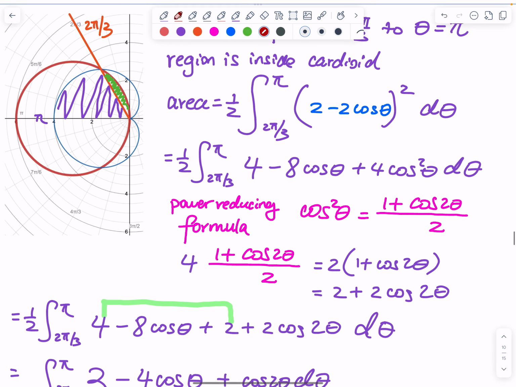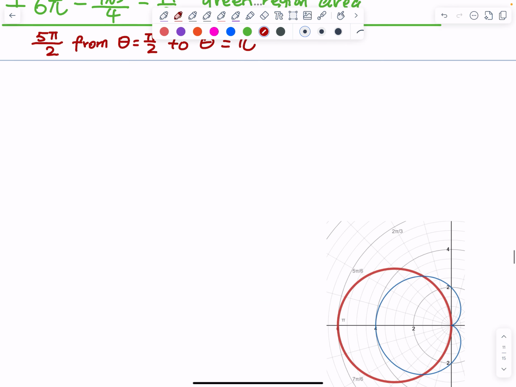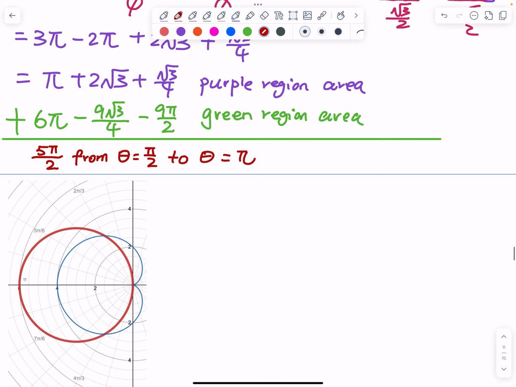So this one is the upper half, from theta equals pi over 2 to theta equals pi. And then I have another graph right here.